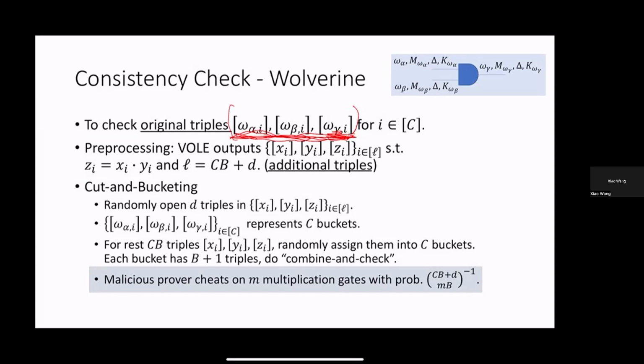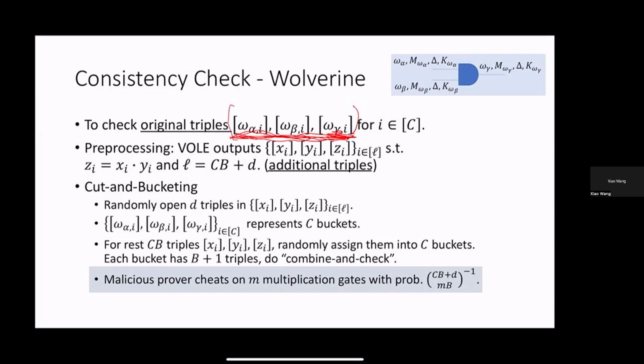Also, I'm going to skip this slide because this is no longer the state of the art. In order to check this kind of triplet, the first idea is to run a probabilistic game that can check the correctness. But this one is no longer the most efficient one, so I'm not going to talk too much about it.